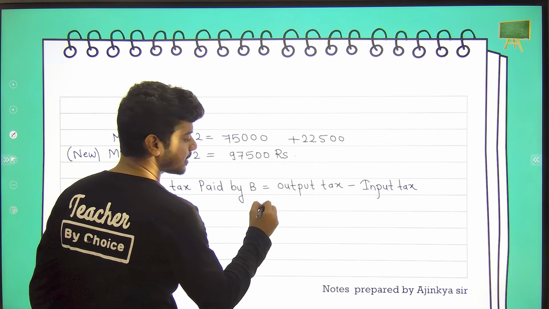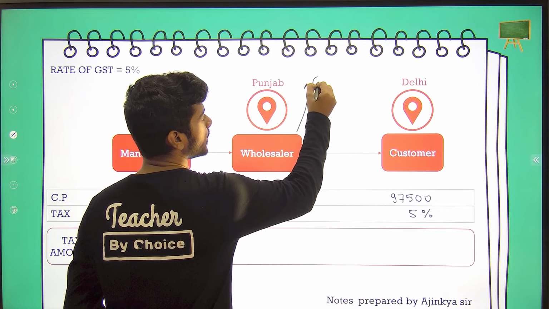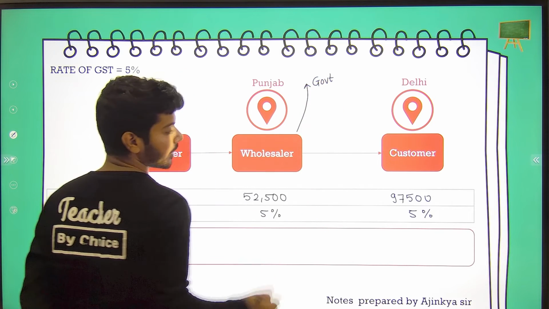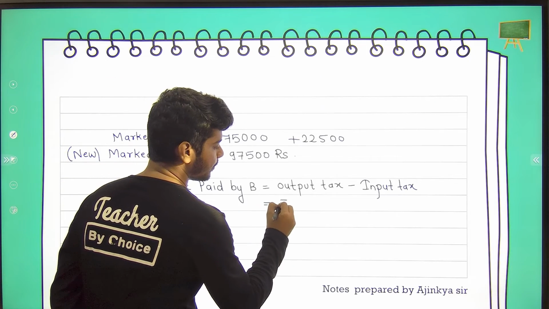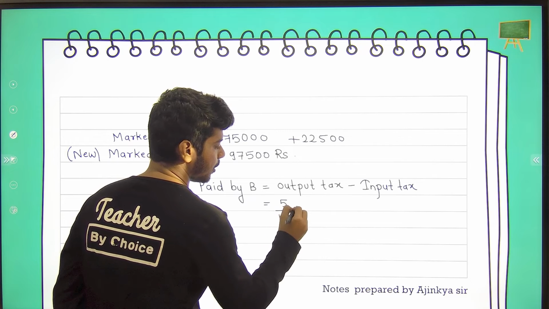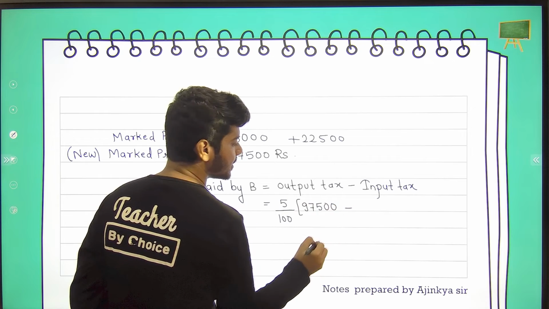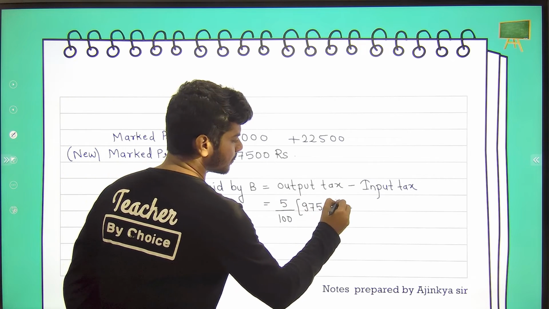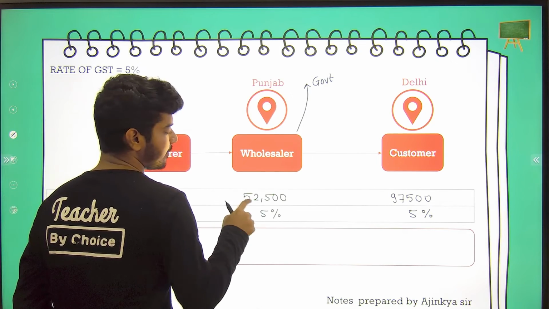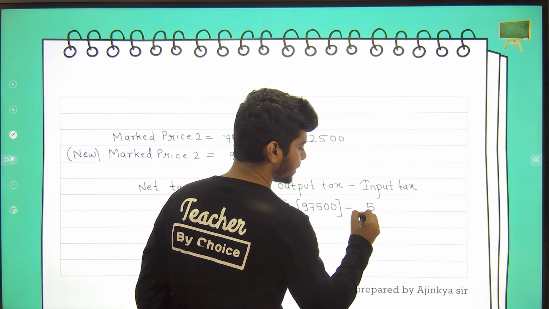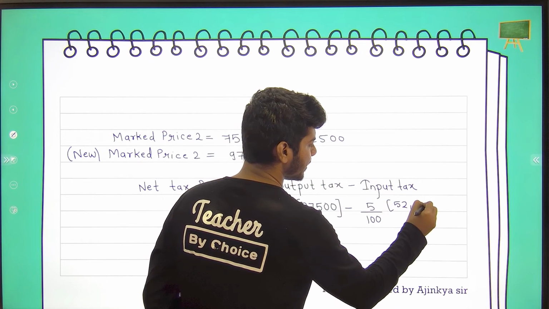Try to understand this. Output tax is paid to the government. So 5% of 97,500 minus 5% of 52,500.